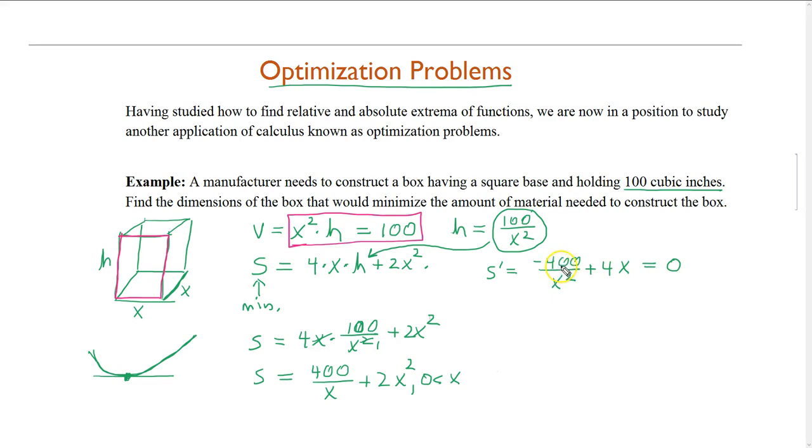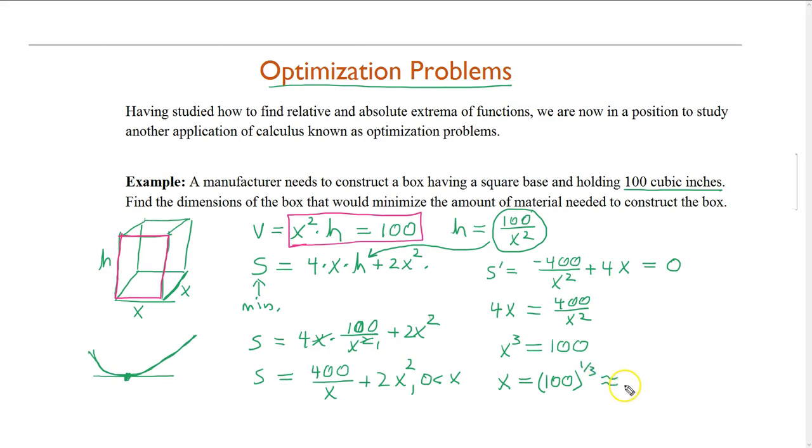Moving the negative 400 over x squared over, and now multiplying the x squared to the left side and dividing the 4 to the right side, we end up with x cubed equal to 100, and so we get x is the cube root of 100, or 100 to the 1/3 power.